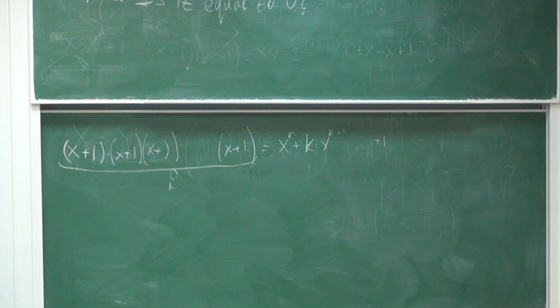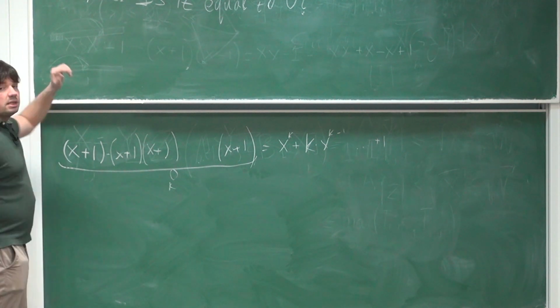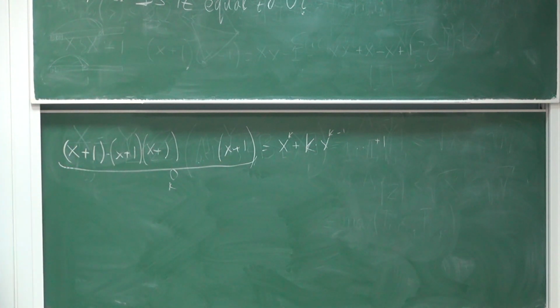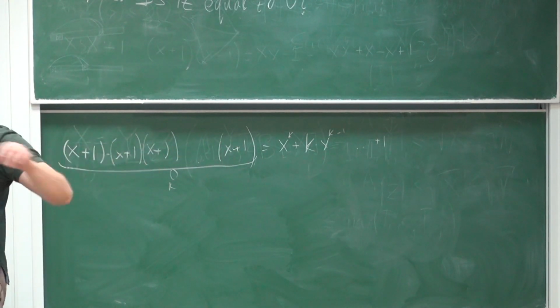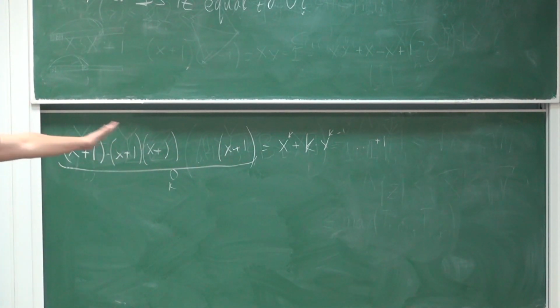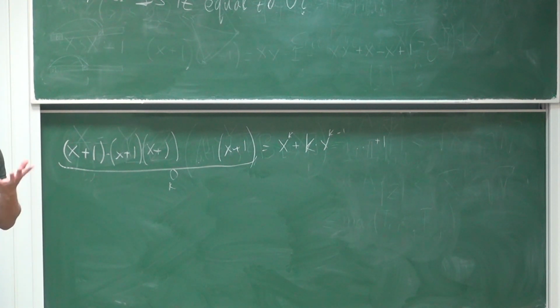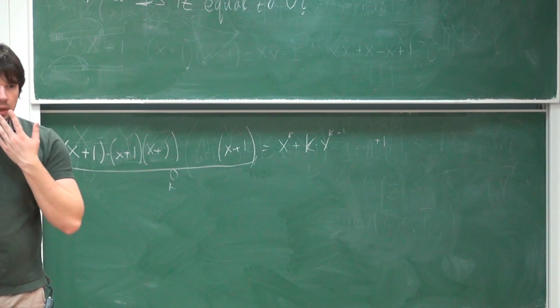So one way to do this is to say, hey, if this polynomial is identically equal to 0, then if I plug in absolutely any number instead of x, and compute the value of this formula, I will get the same number. I will get just 0, right?